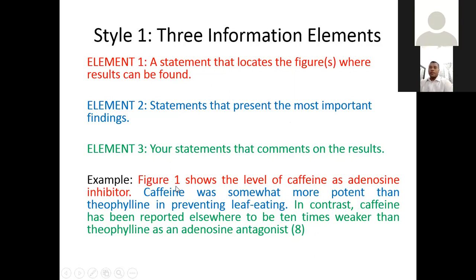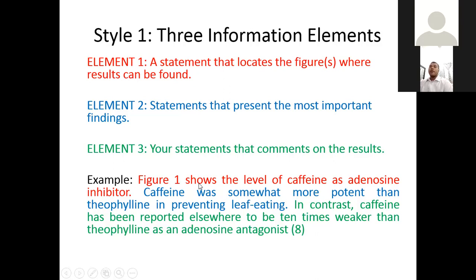This is the example. Figure 1 shows the level of caffeine as adenosine inhibitors. Okay, so this is the location, figure 1. And always remember, when you talk about the location, figure 1, table 1, it should be in present tense.